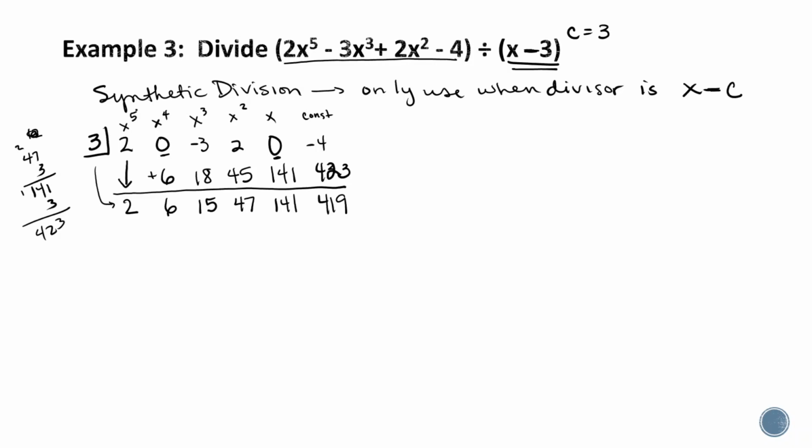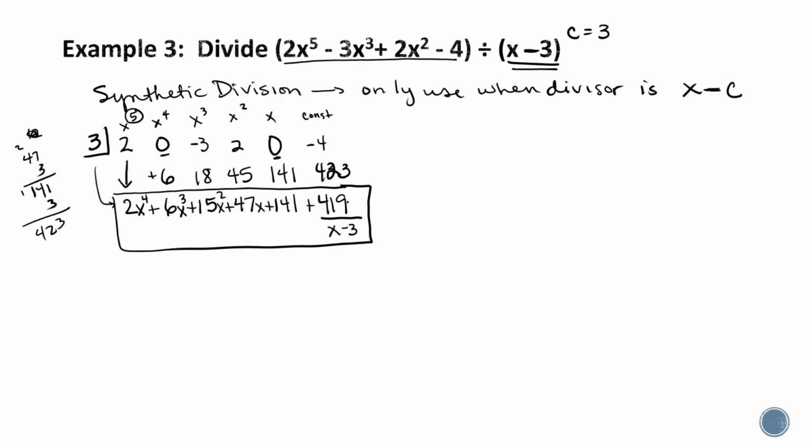Now, doing the division, this was an x to the 5th, so this first one is going to be x to the 4th. The x to the 4th spot is now x cubed, and then x squared, and then x, and then this is my constant, and this is my remainder. And so this is my result. So this ending spot, the last one, is always your remainder.